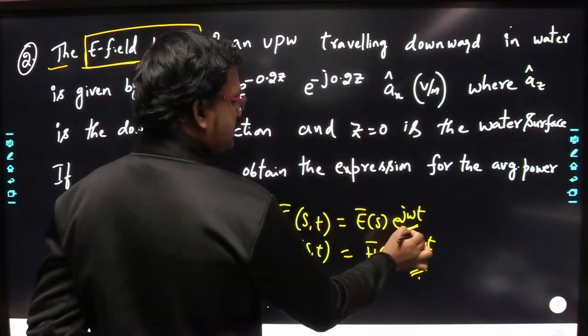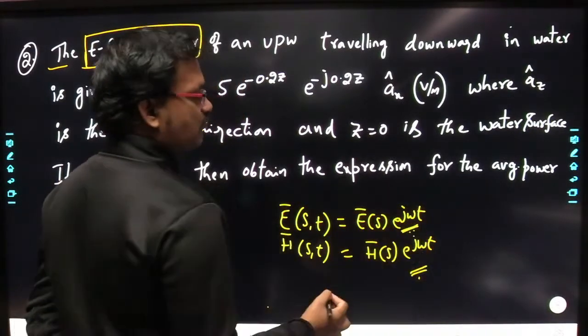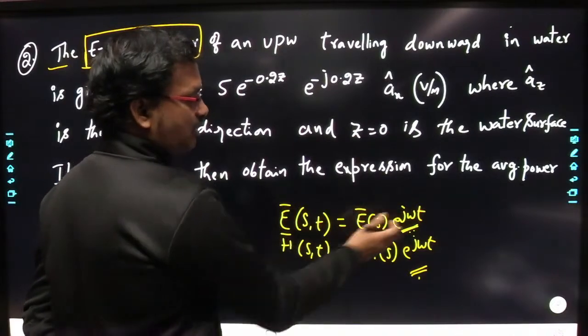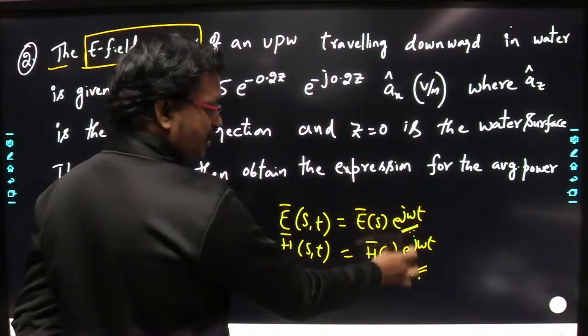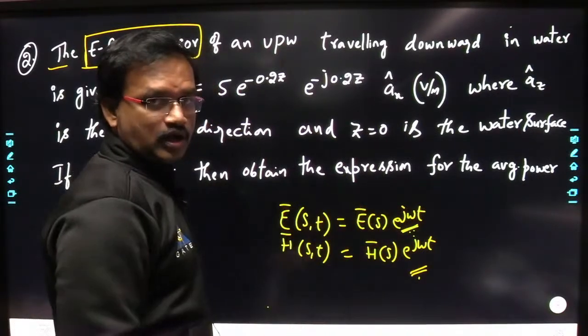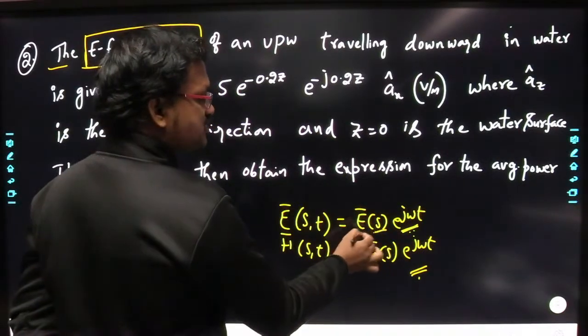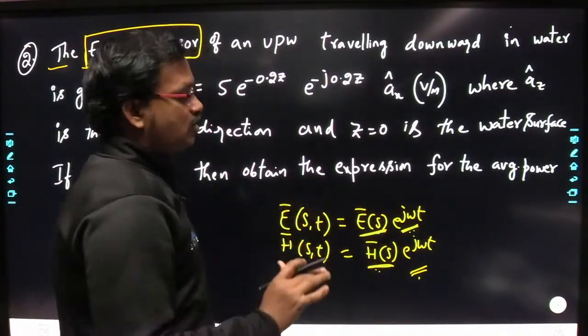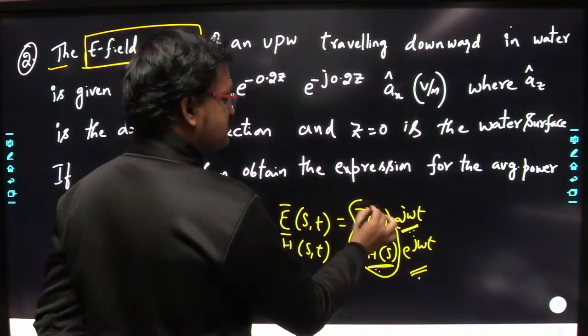We represent the time variation as e power j omega t, which shows that the electric field and magnetic field are time harmonic fields because they vary sinusoidally with respect to time. If you represent only the spatial variation, then you have to understand that this is phasor form.